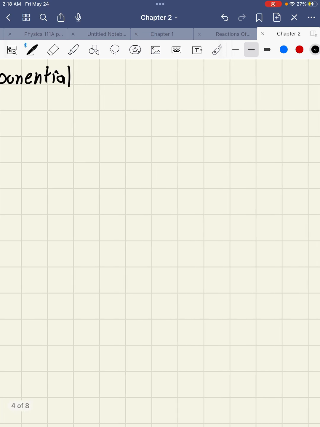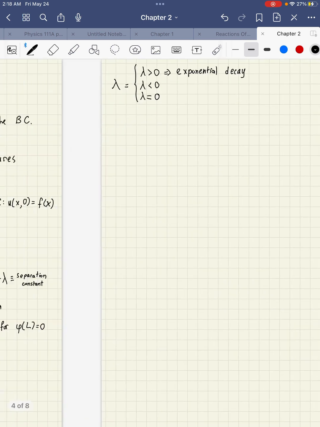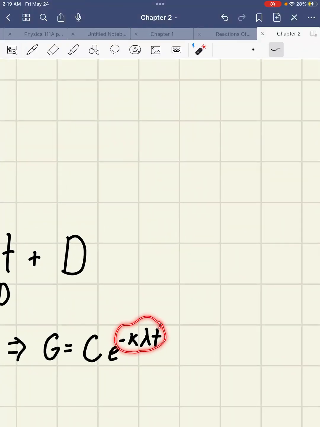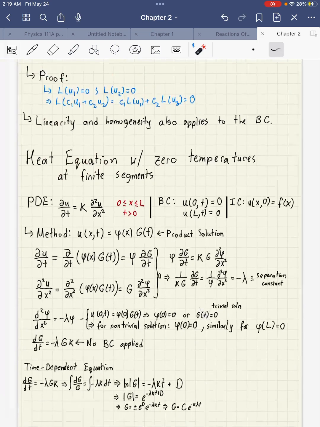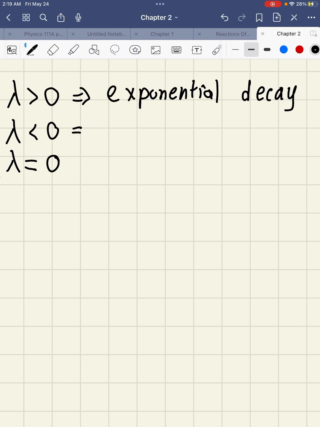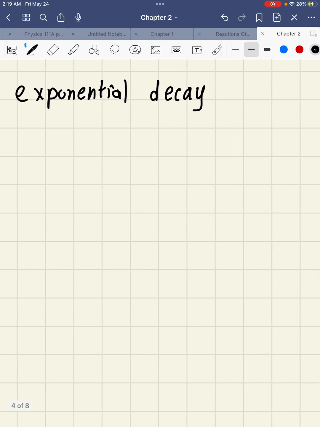For lambda that is negative, this will make my exponent positive, so I will get an exponential growth.